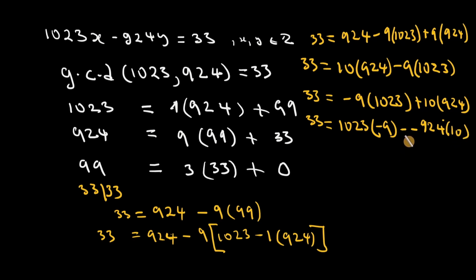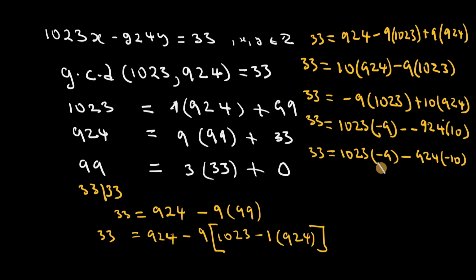I want to make sure that there's only one minus here as it is here. So I'll have 33 is equal to 1023 into minus 9 minus 924 into minus 10. So now I have only one minus between the two terms as here.